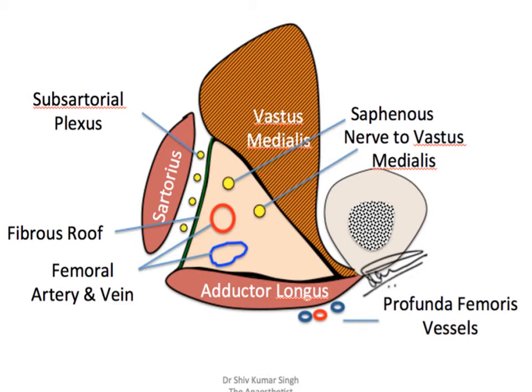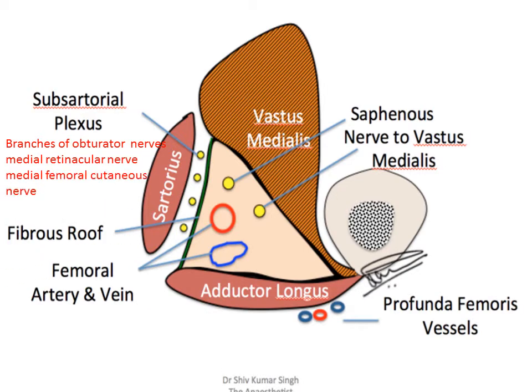The sheath includes the saphenous nerve and nerve to vastus medialis, in addition to the femoral artery and vein. Outside the sheath, there is a subarterial plexus of nerves that includes branches of the obturator nerve, the medial retinacular nerve, and the medial femoral cutaneous nerve.